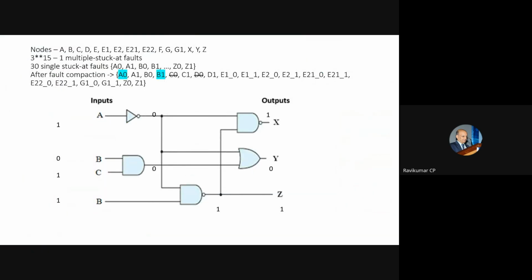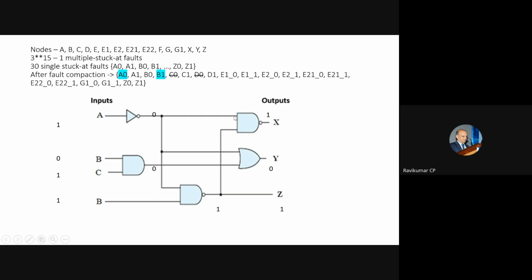C1 no use because it is not going to get activated. C0 we already eliminated because it is equivalent, so no need to worry about that. D1 is no use. D0 is already eliminated. What about E1 0? This one we call E1.